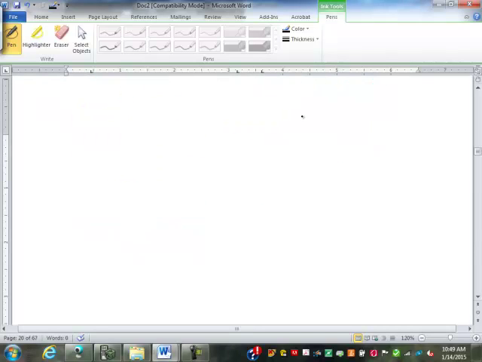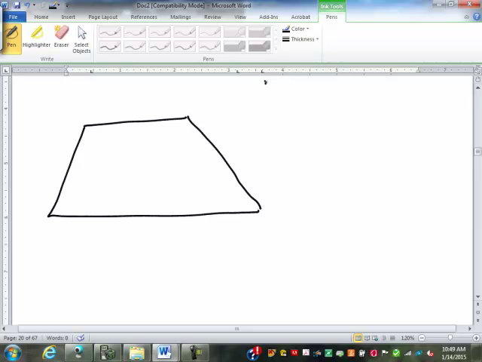Okay, so on to the next more complicated step. Trapezoids. The definition of a trapezoid is it's a four-sided figure where one set of opposite sides are parallel. So here, these two sides are parallel.